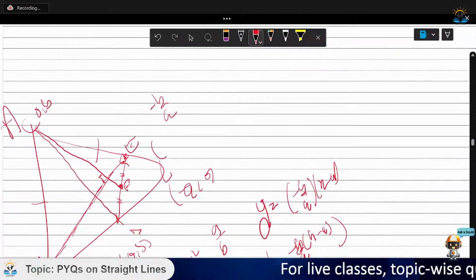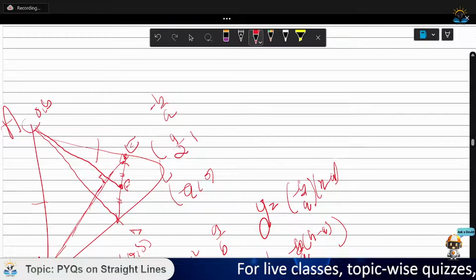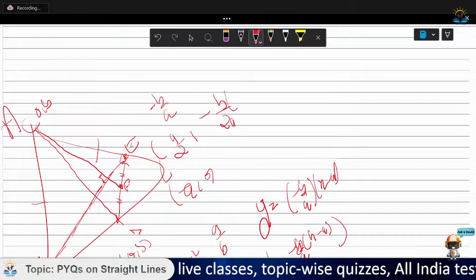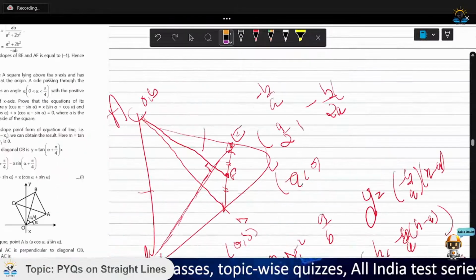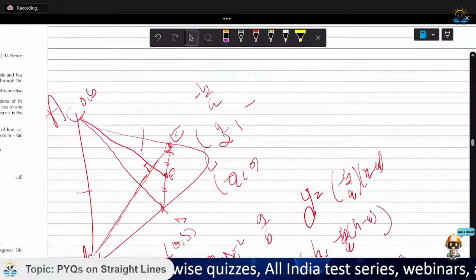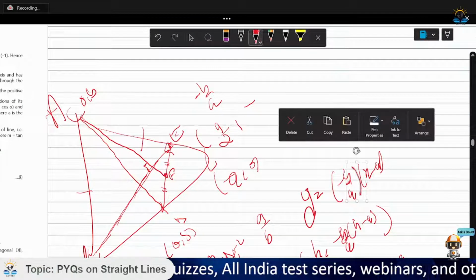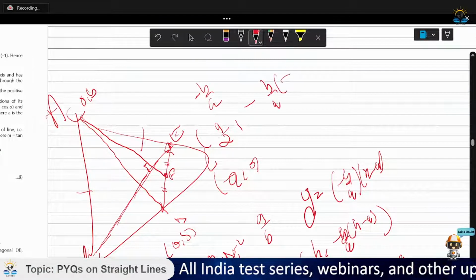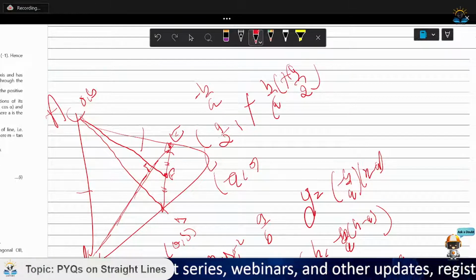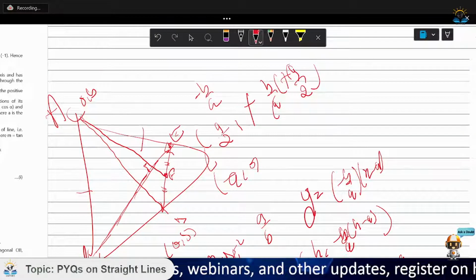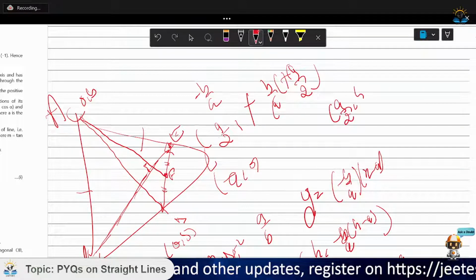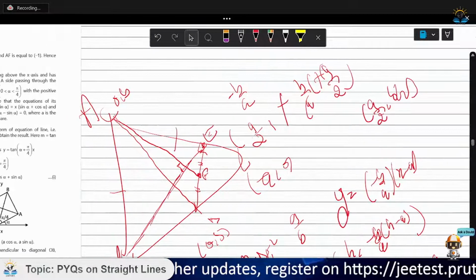तो E पॉइंट के जो वेरिएबल्स हो जाएंगे वो हो जाएंगे A by 2, comma, let me erase this a bit. I'm left with A by 2, so it is minus of B by A times A by 2, and this cancels this. So E becomes A by 2 and B by 2.